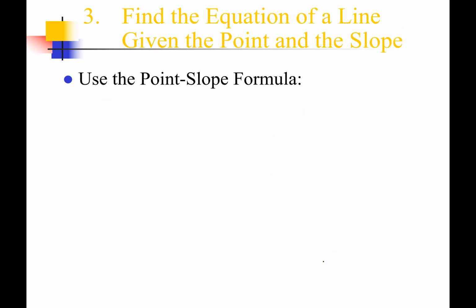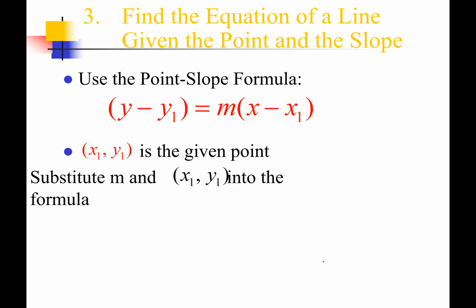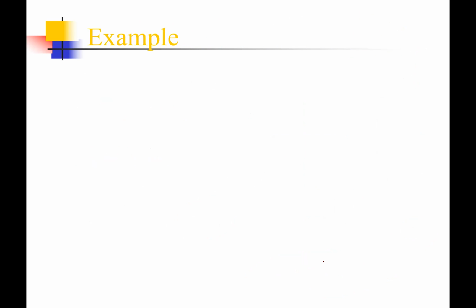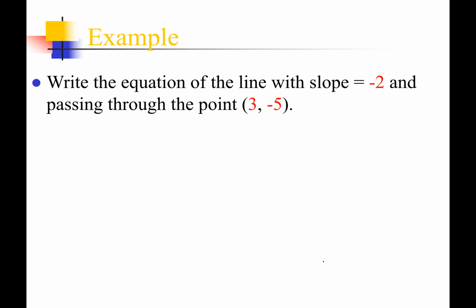So now using the point-slope formula to find the equation of the line. You need to have a given point, and then also the slope. All right, so one more time, we went over a similar question in section 1.6. The slope is -2, and x1 here is 3, y1 here is -5, and we'll find the equation.